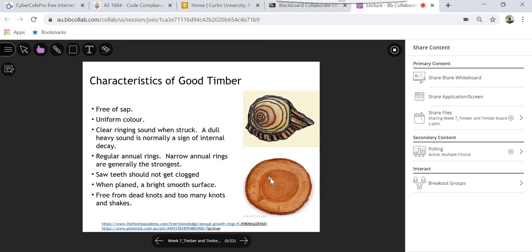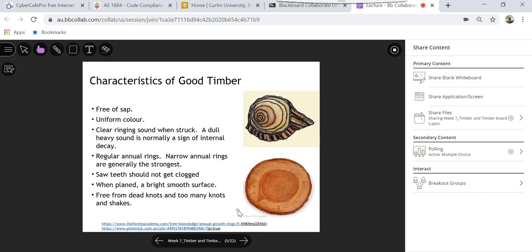If they are narrow and regular, that means it's a good piece of timber. If you consider the top one, you see that the rings are wider and not regular also. That means compared to the bottom one, the top one is actually not that good. If we have regular and narrow rings, it means that the timber is good in terms of strength.